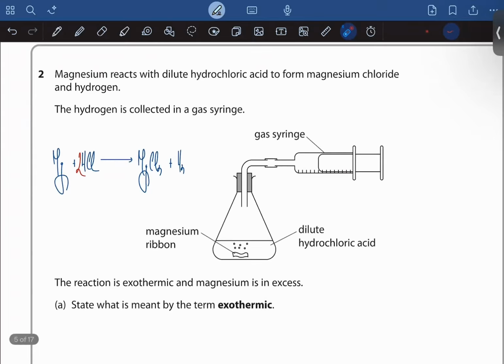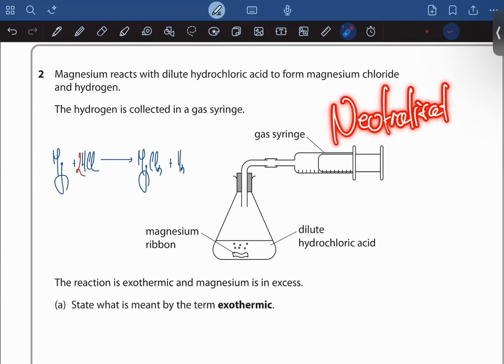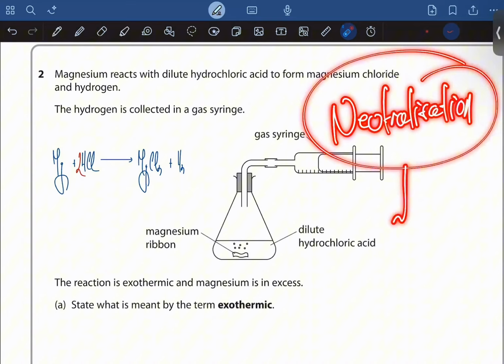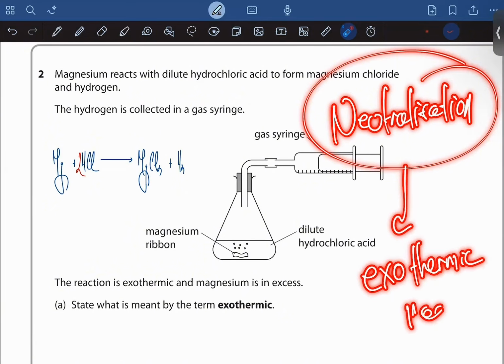Magnesium reacts with dilute HCl to form magnesium chloride and hydrogen. Now, this is an example of an acid-base reaction, or in other words, a neutralization reaction. And all neutralization reactions are exothermic, which means that when the reaction progresses, it releases heat to the surrounding.